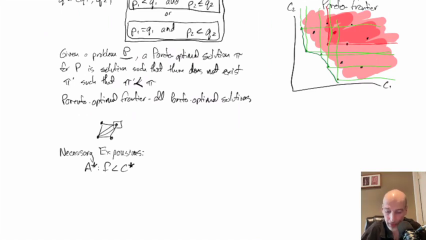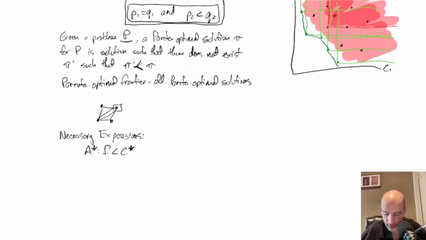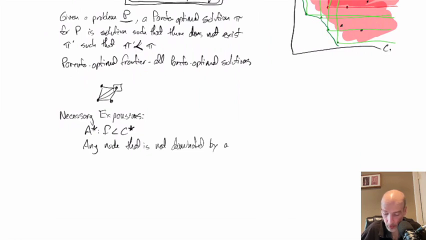Okay, so in general, we need to expand any node that is not dominated by another state or node on the Pareto frontier.